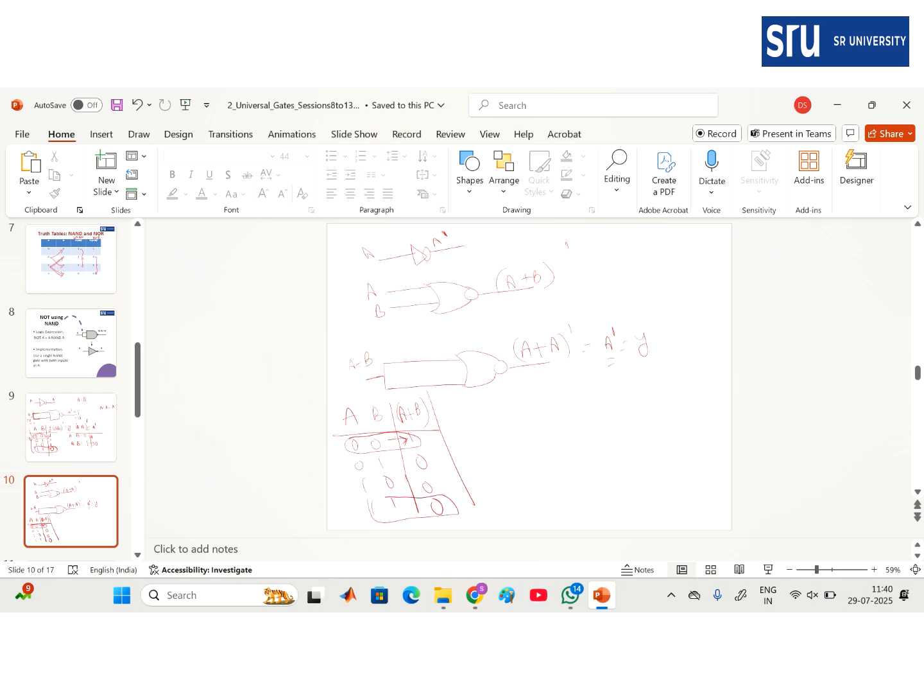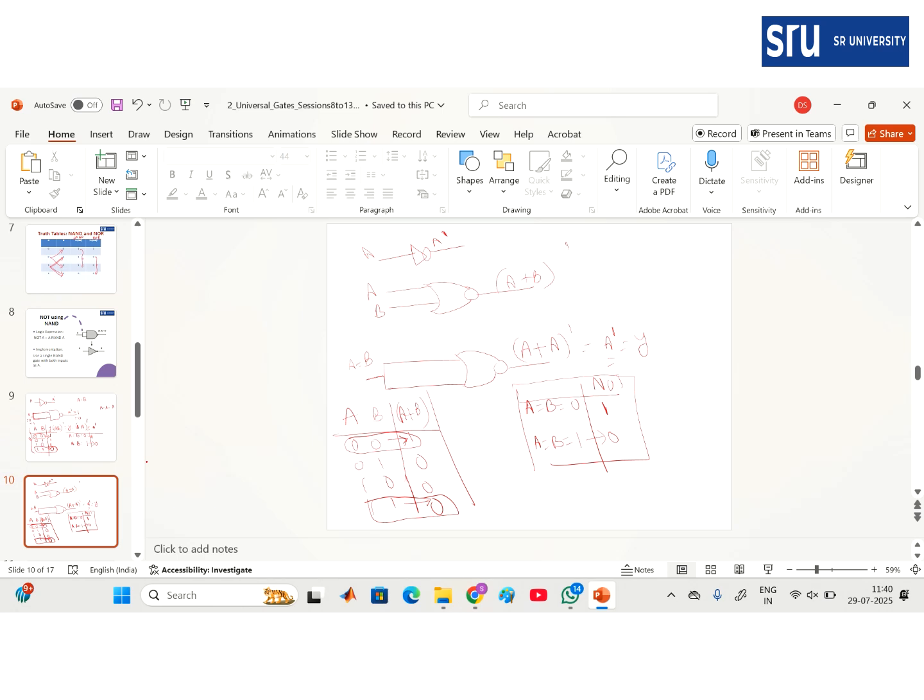In the last case, 1 plus 1, if both inputs are 1, the output is 0. What output do we have to get at the NOT gate? If the input is 0, the output should be 1. If the input is 1, the output should be 0. So this is the NOT gate operation.